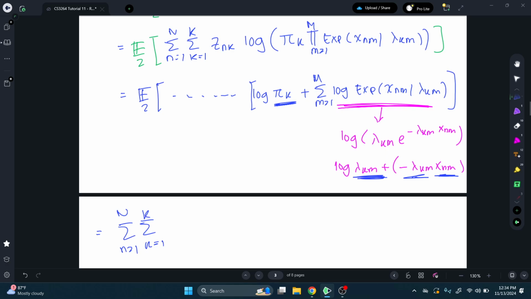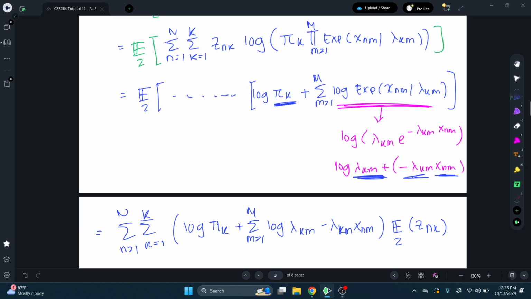So if I take the expectation of some constant multiplied by this z, the constant I can bring in front of the expectation. So I will write the constant first. This whole thing now becomes a constant with respect to z, plus the sum from m equals 1 up to capital M of log of lambda km minus lambda km x nm. This will be multiplied by the expectation of z nk with respect to z.